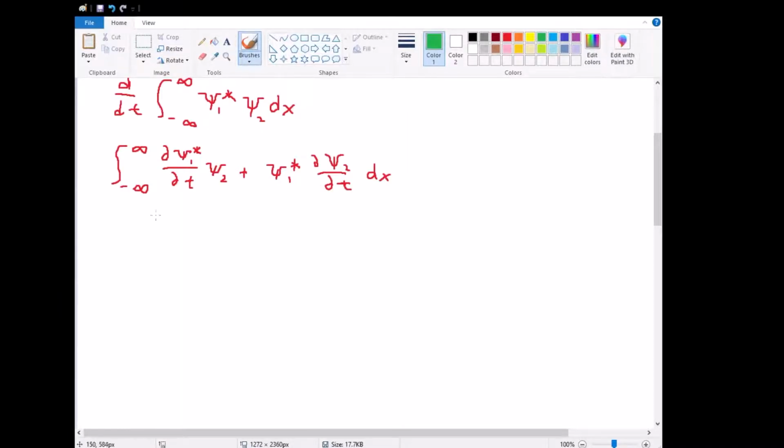According to the Schrodinger equation, the partial of psi 1 star with respect to time is going to equal negative i h bar over 2m times the second partial of psi 1 star with respect to x squared, plus i times the potential V over h bar times psi 1 star again.